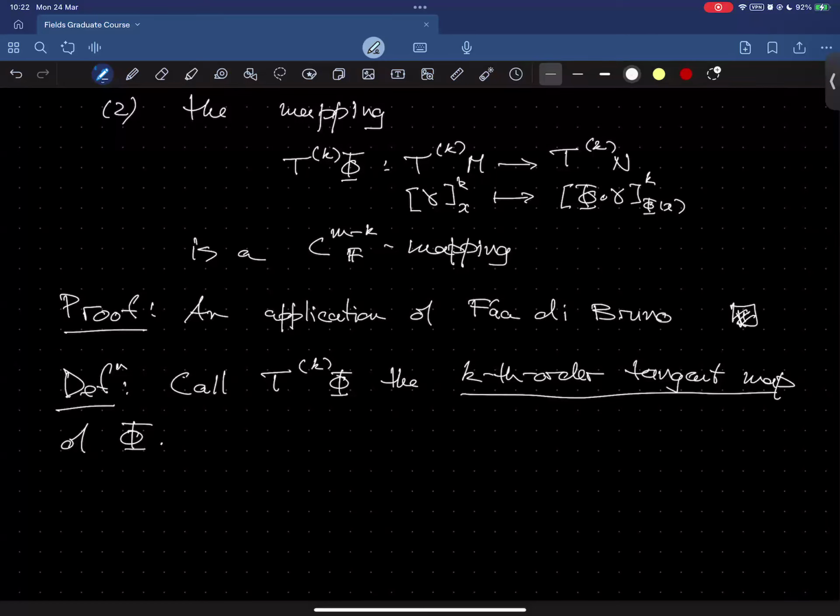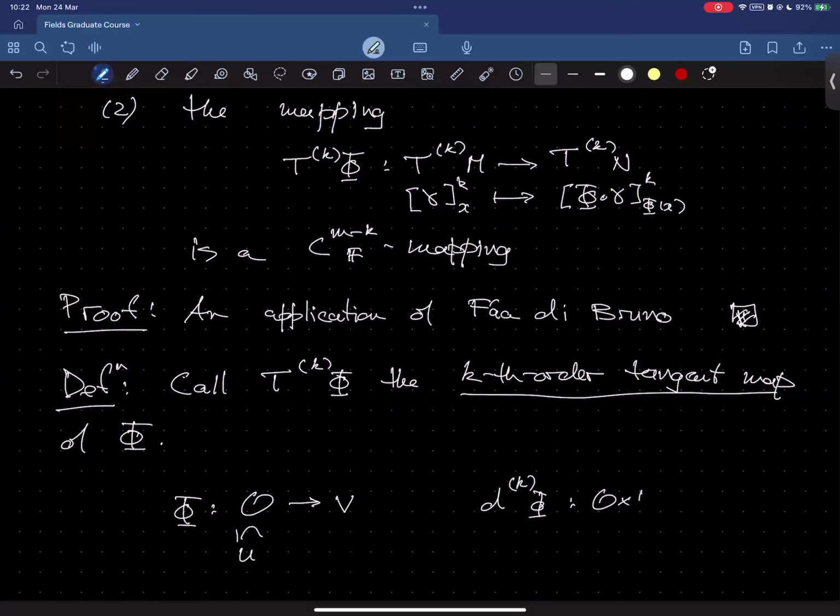Previously, if you had phi as a mapping between an open subset O of a locally convex space U into a locally convex space V, we defined these things, a mapping from O cross U to the K into V. We want to establish the connection between this and this.